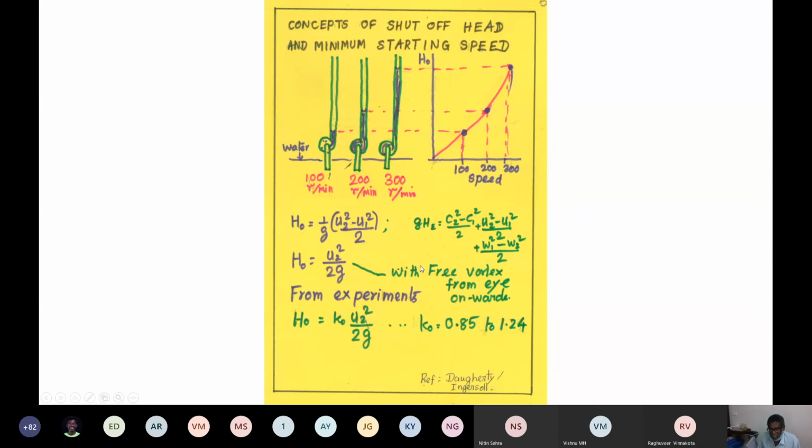Anybody? No idea? Spiral. It is spiral. Good. So that is why in centrifugal machines it is spiral, in axial machine it may be helical.